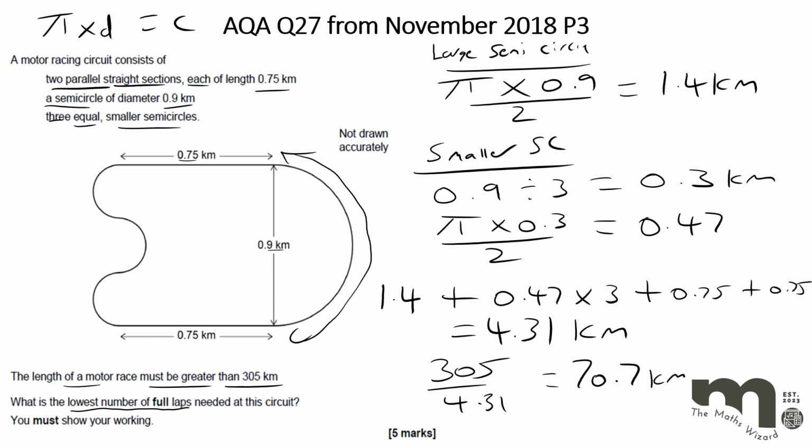So we can't have obviously 0.7 of a lap. We need 71 full laps in order to be able to get the distance required for this race.